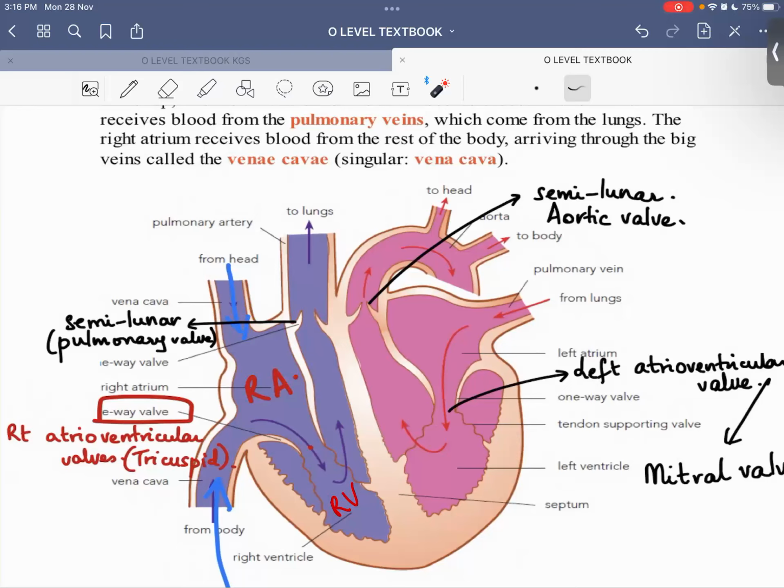All arteries, by rule, carry oxygenated blood, and all veins in your body carry deoxygenated blood. But the pulmonary artery is the only exception in the body that is carrying deoxygenated blood.